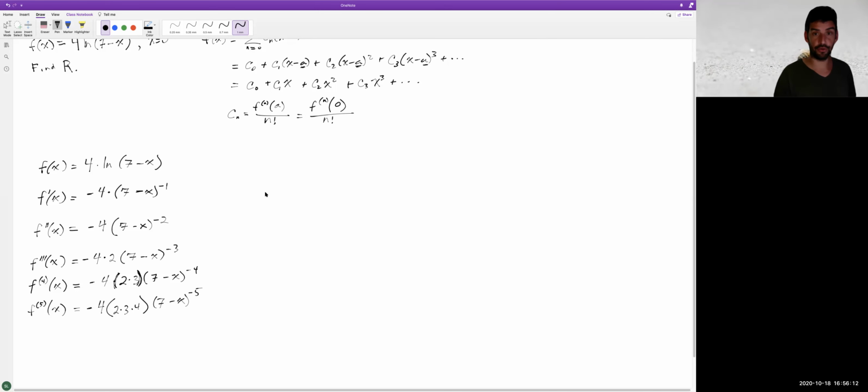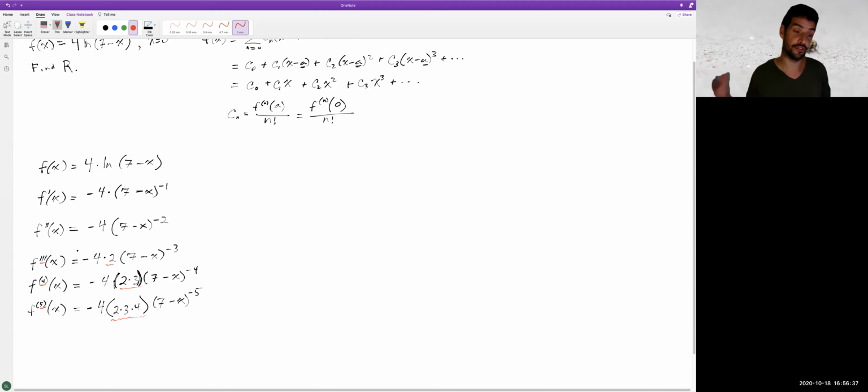Notice this factorial, let's highlight this, is 1 less than the derivative we're on. This is 4 factorial, right? I didn't write the 1, but we could, so this is 4 times 3 times 2 times 1. Here we have 3 factorial at the 4th derivative. Here we have 2 factorial at the 3rd derivative, and so on. If we did another derivative, that 5 would come down. We'd have a 5 factorial at the 6th derivative.